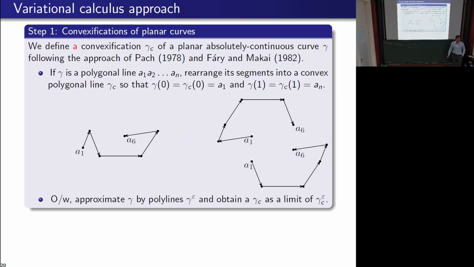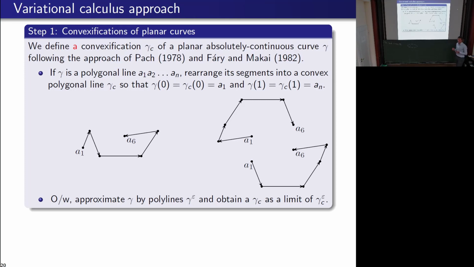Okay, so this was one approach, and the second approach, which is more technically involved, is how it started at the beginning. It is to try to solve the variational problem, the isoperimetric problem I showed, using variational calculus ideas.